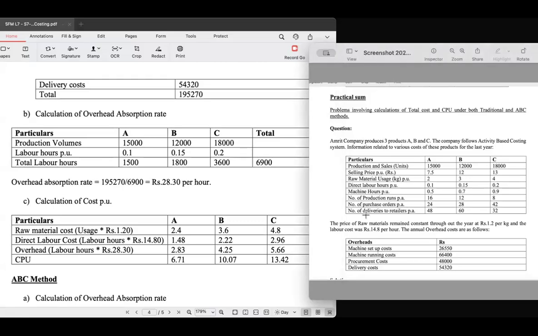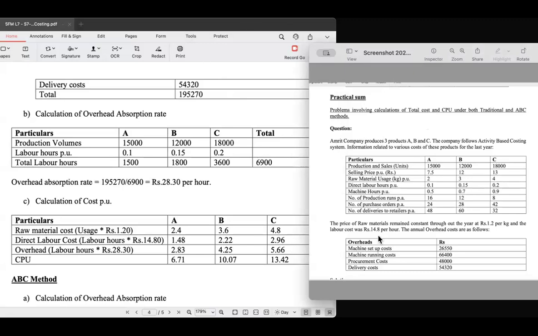Read the question. Somewhere in the question, the information is given. Did anyone find it? No? It's given in the paragraph.